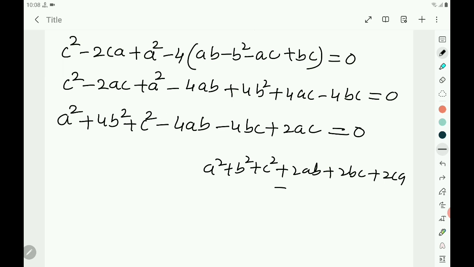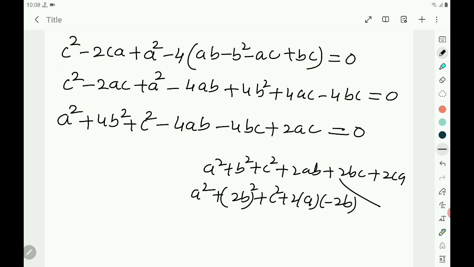Here you can observe a square is a square only, but b square is 4b square, that is (2b) whole square, plus c square. But here negative is there, minus 4ab. It becomes plus 2 into a into minus 2b. Here also minus 4bc is there.